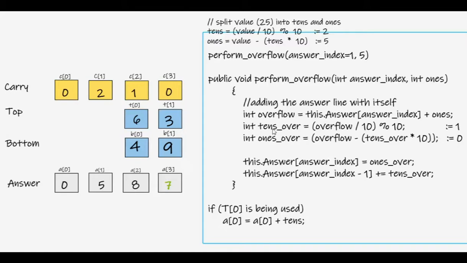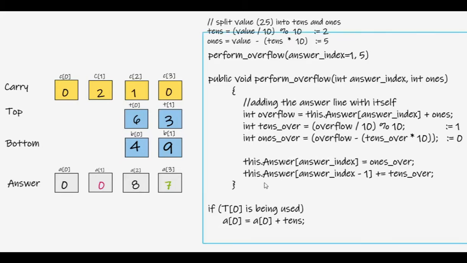And then tens over equals overflow divided by 10. So what's 10 divided by 10? That's 1. Mod 10 equals 1. Then my int ones over, I'm going to do overflow minus 1 times 10. That evaluates to 0.